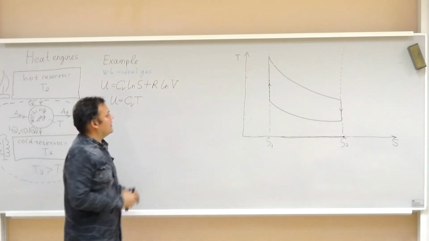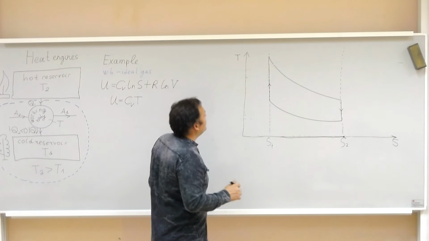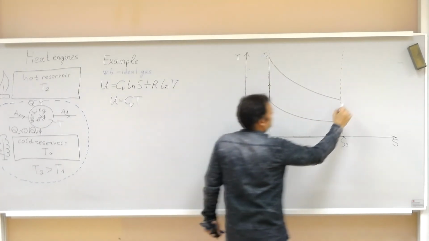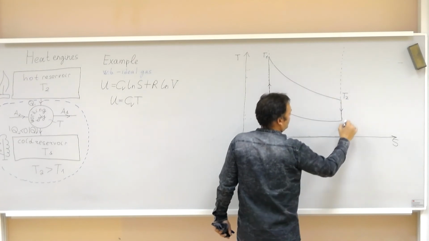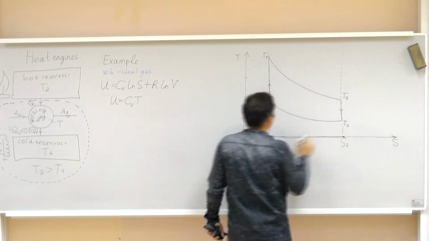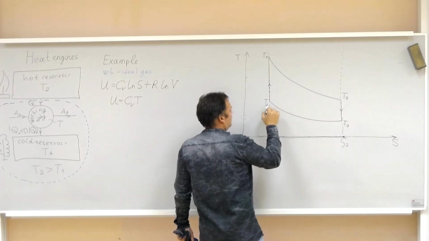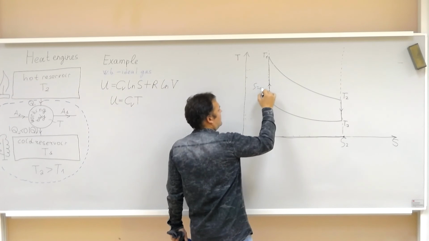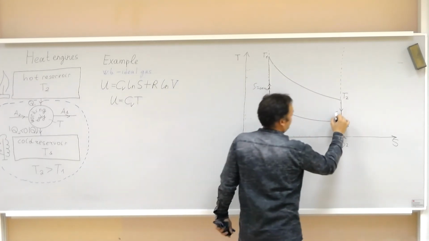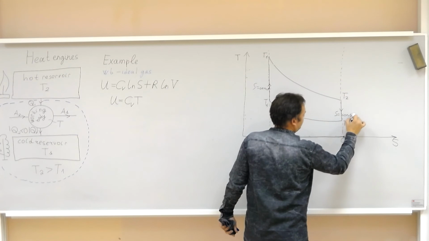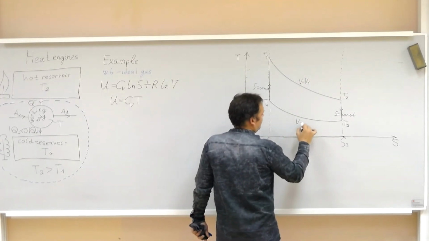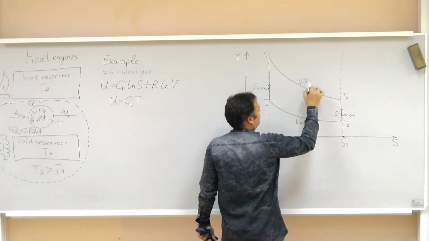Okay. And let me label temperatures here T1, here T2, here T3, here T4. So here we have S constant, here we have S constant, and here V equals V1, V equals V2.